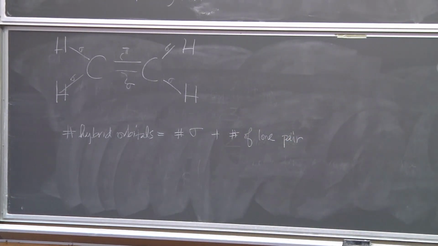The number of hybrid orbitals is determined as the number of sigma plus the number of lone pairs.